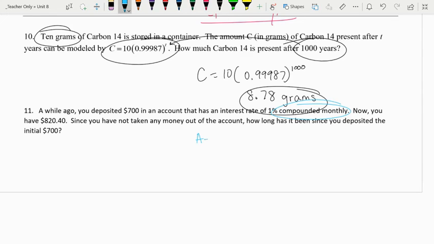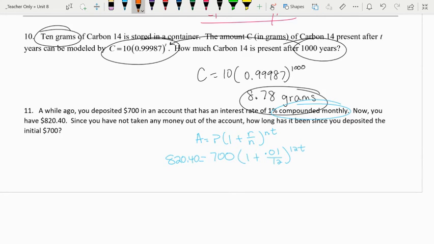Again, compounded monthly means we are using our compound interest formula. So we deposited 700. We end with 820.40. They tell me that my interest rate is 1%, so that's 0.01. Compounded monthly, which is 12.